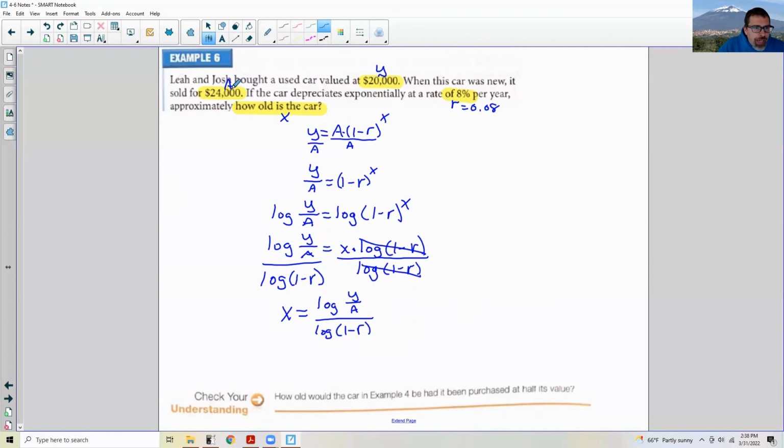We have a Y, we have an A, we have an X, we have an R. Now we just take this equation that solved for X and substitute all of our givens in. You ready? X is what we're trying to find.